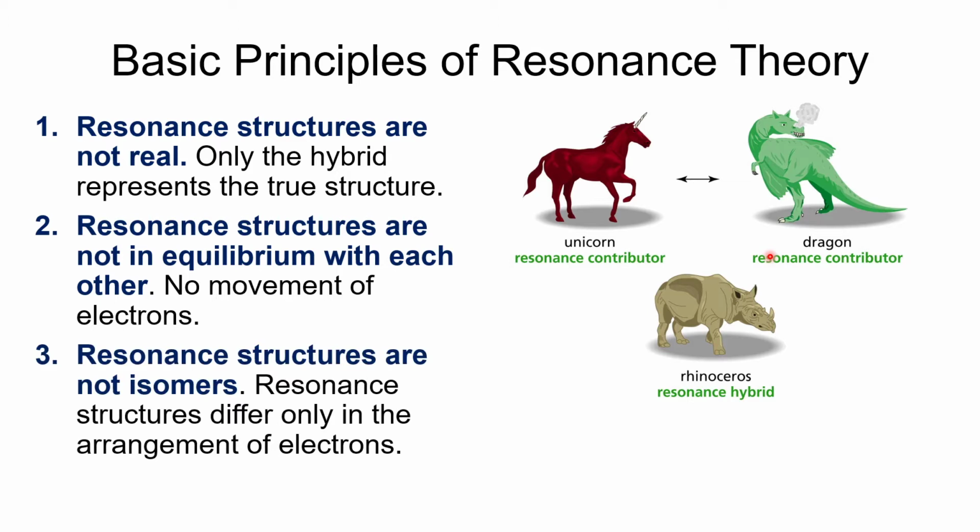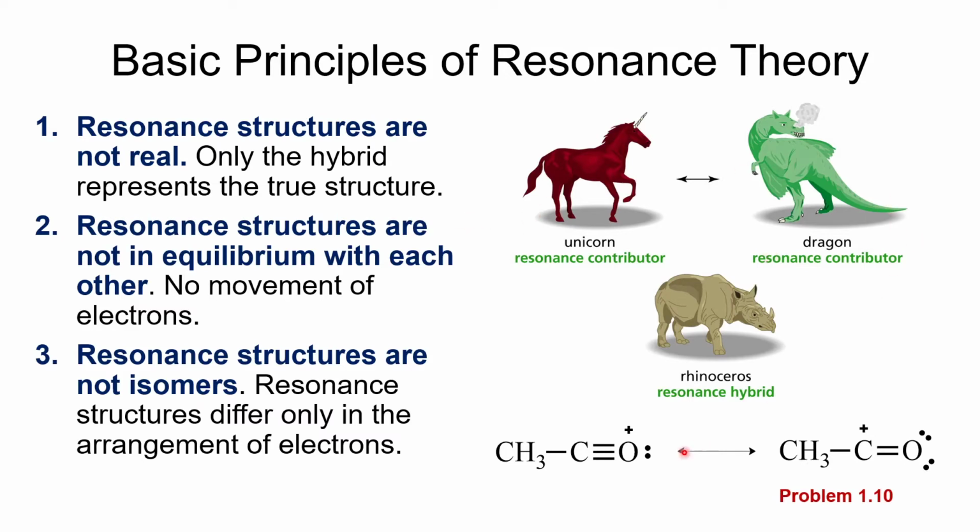Another important concept is that resonance structures are not isomers. Resonance structures only differ in their arrangement of electrons. So here I've got two resonance structures of this ion, CH3CO, and there's a positive charge on that molecule. You'll see that on this one, we've got a triple bond between carbon and oxygen, and we end up getting a positive charge on the oxygen.